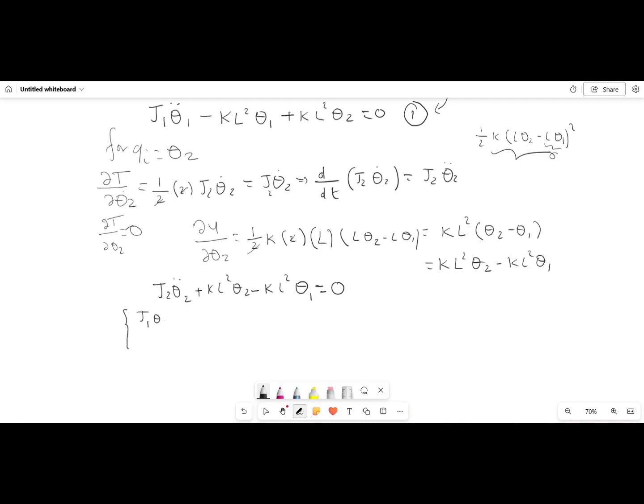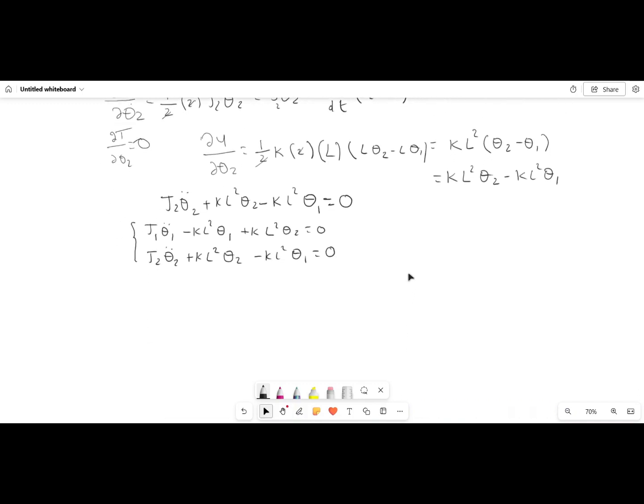So it is J1 theta 1 double dot minus kL squared theta 1 plus kL squared theta 2 to be equal to 0. On this one we have J2 theta double dot 2 plus kL squared theta 2 minus kL squared theta 1 to be equal to 0. So we have equation 1 on top, equation 2 at the bottom. Let's write it in terms of matrix form.